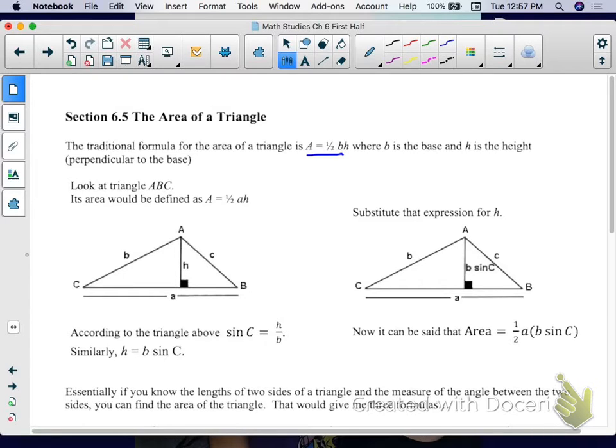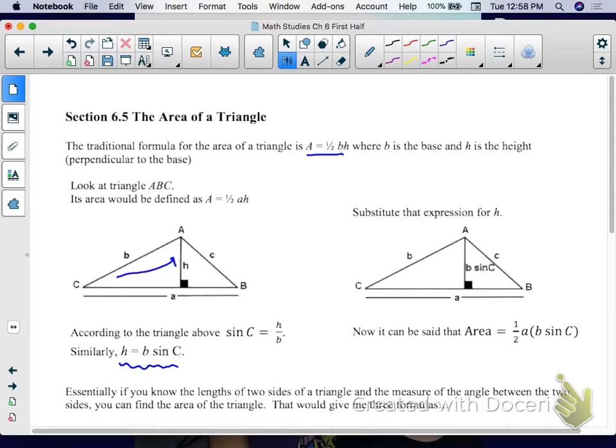Now, in this triangle, if I were to use trig to figure out what angle C is over here, that proportion would be opposite and hypotenuse would be H over B. If I solve for H, so multiply both sides by B, I end up with this expression right here.